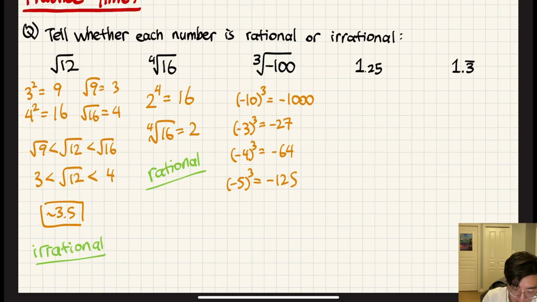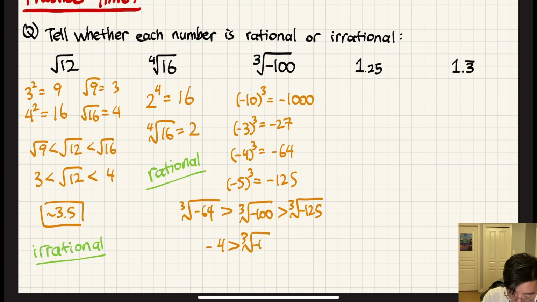Because it's a negative number, we know the root is bigger than negative 5 and smaller than negative 4, so it's somewhere in between. And negative 100 is closer to 125 than 64, so it will probably be around negative 4.7-ish. And it will be irrational.